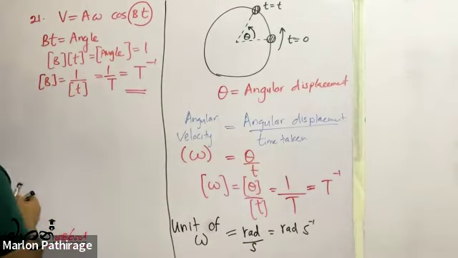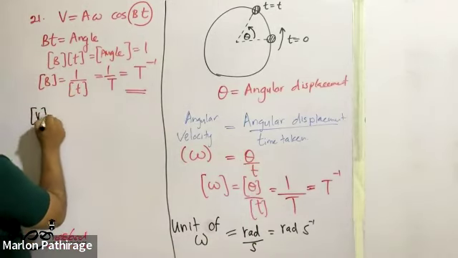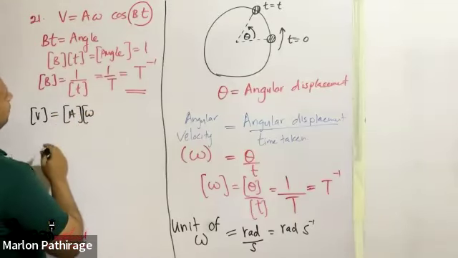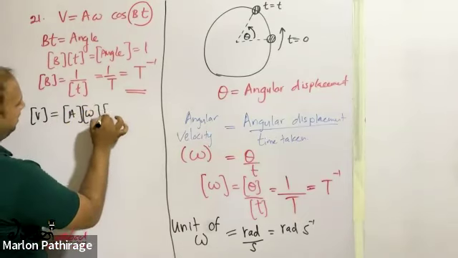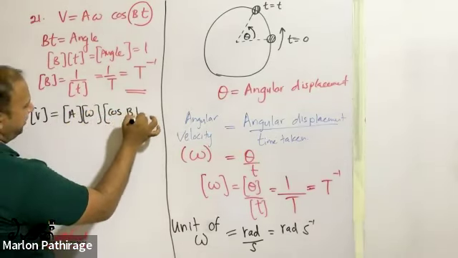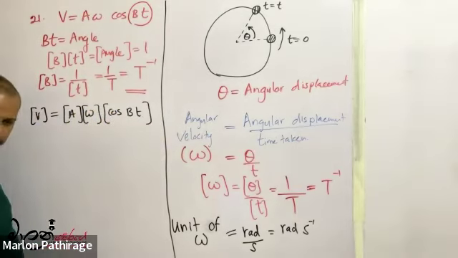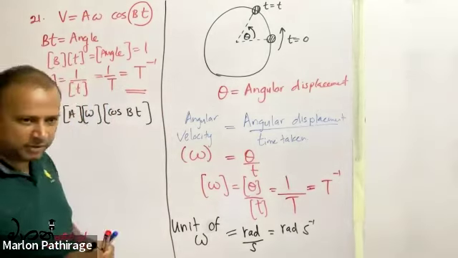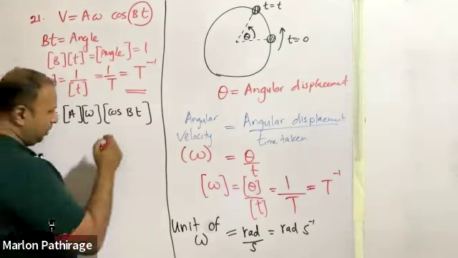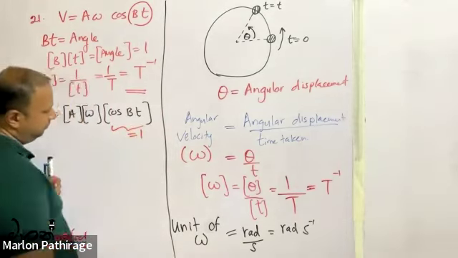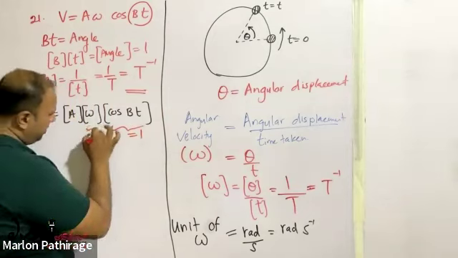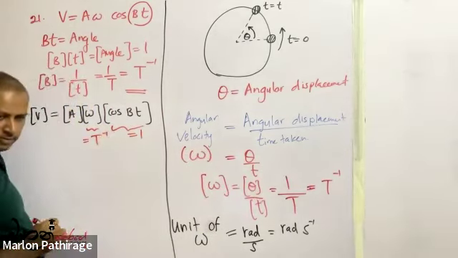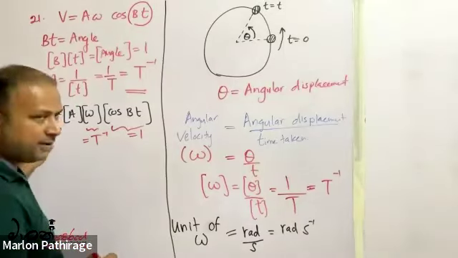Then, you know dimension of B is equal to dimension of A into dimension of omega and dimension of cos. You know cos BT is a trigonometric function. As this is a trigonometric function, this value is equal to 1. And you know dimension of omega is equal to T minus 1. Therefore, this value is equal to T minus 1. And this is a velocity.